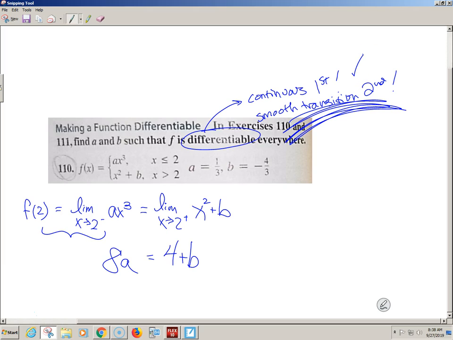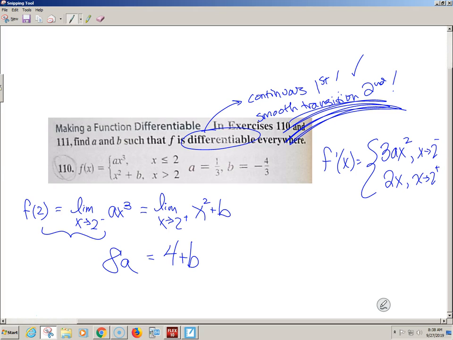My second equation says it's not just continuous, it also has to be differentiable, aka the derivative has to exist. For the derivative to exist, I need to take the derivative of one piece and say, hey, what are your slopes doing? The derivative of the other piece, hey, what are your slopes doing? I need to think about how x is approaching 2 from below here, because it's the less than, and x is approaching 2 from above here.